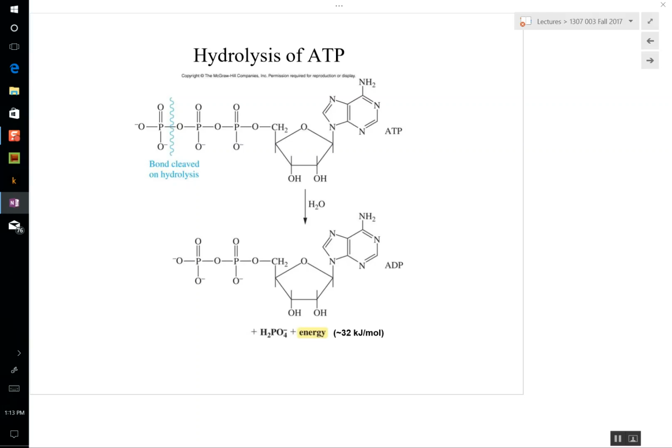But it is doing that so often, so continually, that it produces about 100 pounds of ATP per day. Almost your body weight is being generated into ATP on a daily basis. All right, so just be able to identify, what do we mean by a phosphate ester?